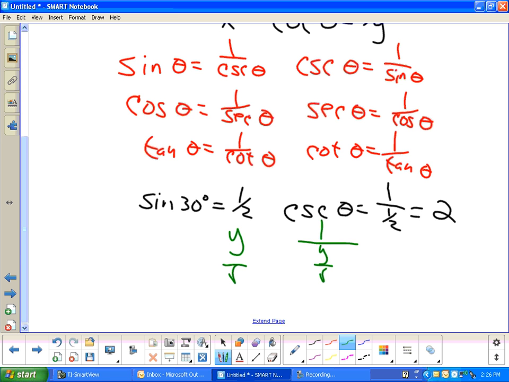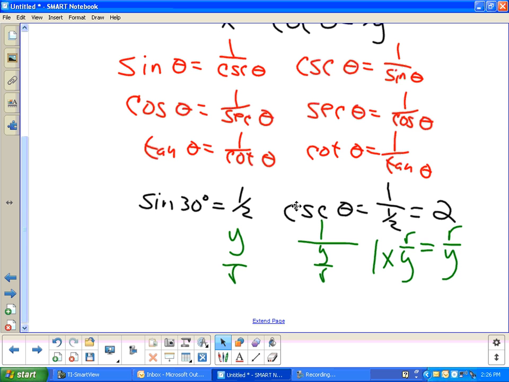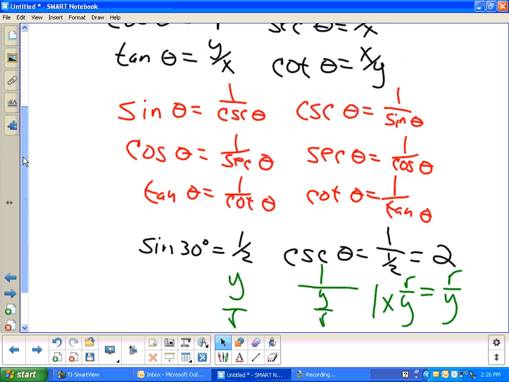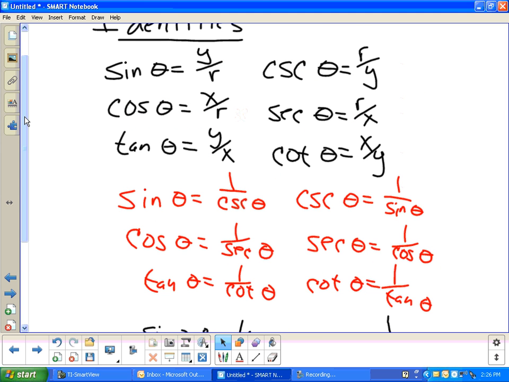Flip and multiply, right? So that would be 1 times the reciprocal, which is r over y. Of course, 1 times r over y is r over y. And we just said that is the definition, if we go back up to the top, of cosecant. They pair up. They are reciprocals.